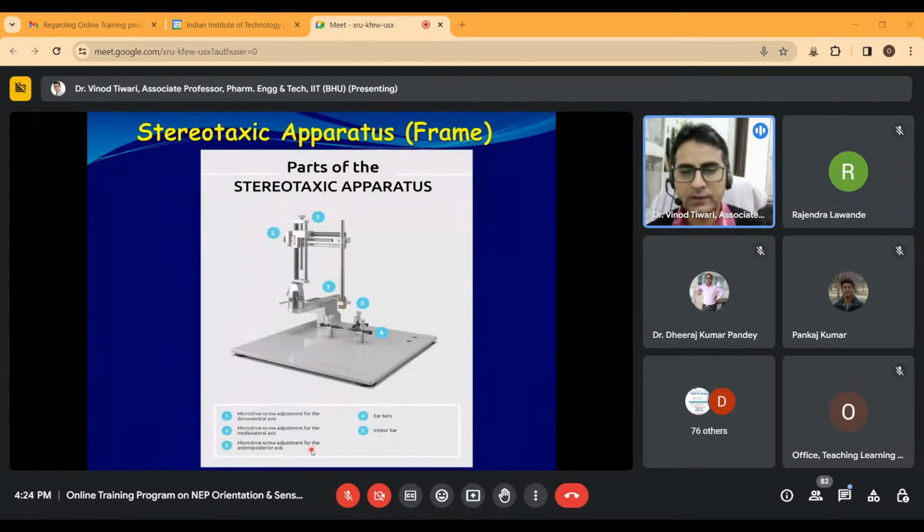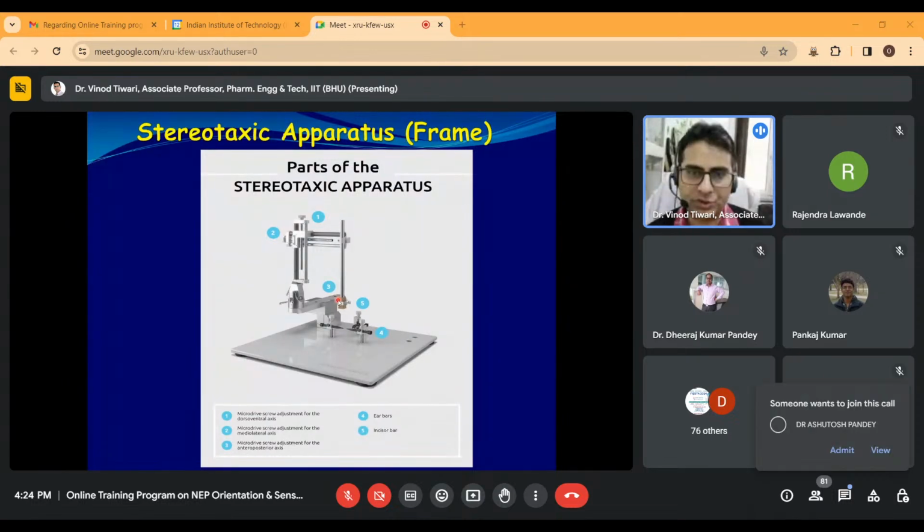The third macro drive screw is the adjustment for the anterior posterior axis. Anterior posterior means if you want to move from front to the back. This third screw is right over here. So you can decide where you want to inject, accordingly you can move it. And these coordinates are available in the brain atlas, depending upon which part of the brain you want to inject, whether you want to inject cortex or hippocampus or anyone else.